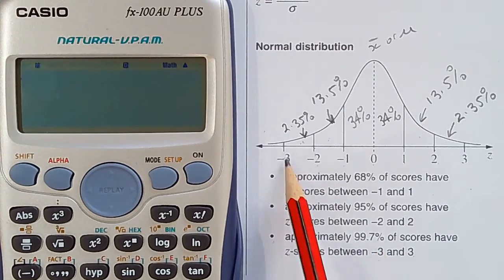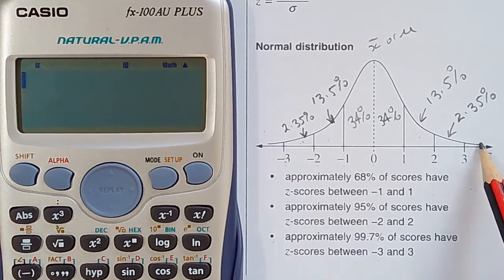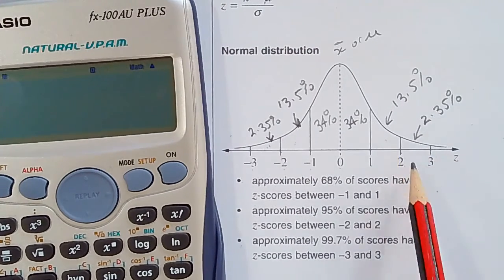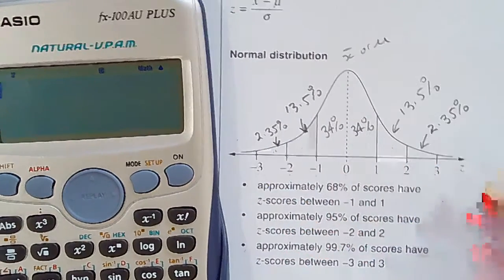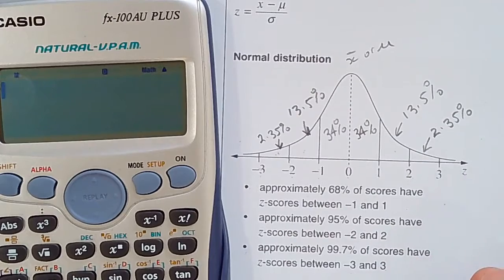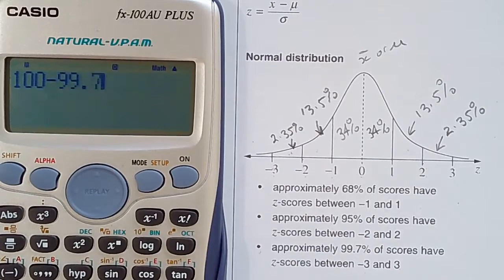So that leaves us a little bit left over in the tail. We're given 99.7% of scores are between -3 and 3, but 100% of the scores lie in the entire normal distribution. So the distribution actually keeps going further and further along, but we only see the 99.7% of it. So 100% minus 99.7 gives us 0.3%.